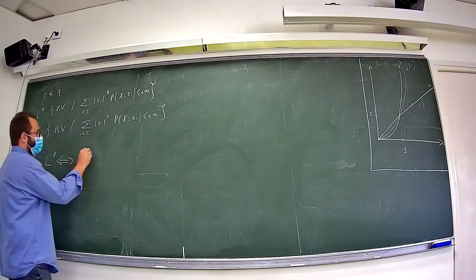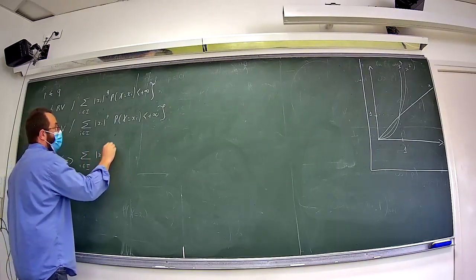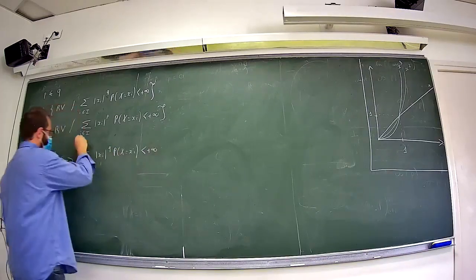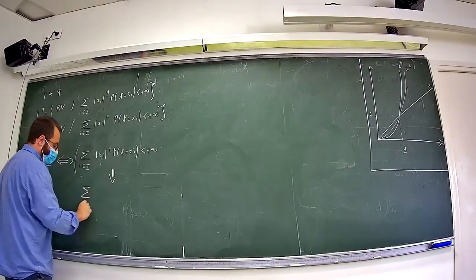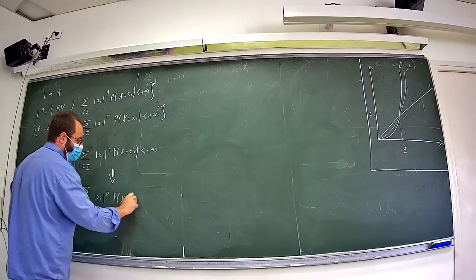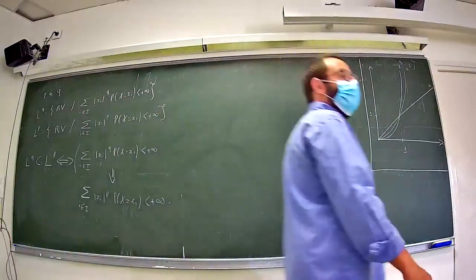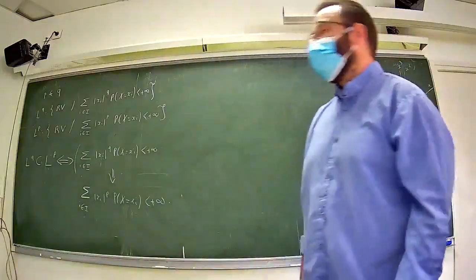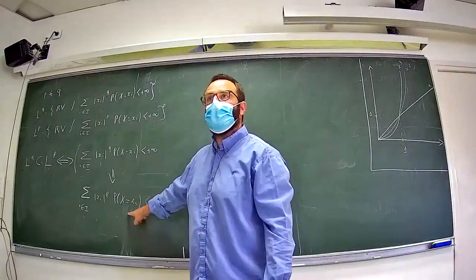So what I have to prove is that the sum over i of |xi|^q times the probability that X equals xi is finite implies the sum over i belonging to I of |xi|^p times the probability that X equals xi is finite. This is my job. If I want to prove proposition 9, I have to prove that if I am in Lq, I am in Lp, meaning that if this sum is finite, this one is.